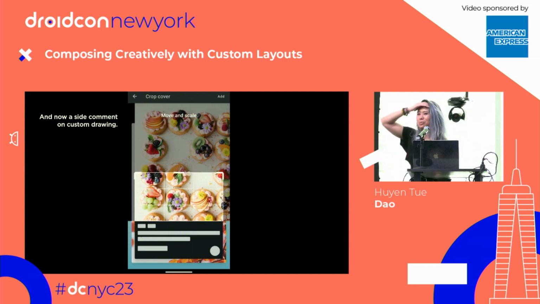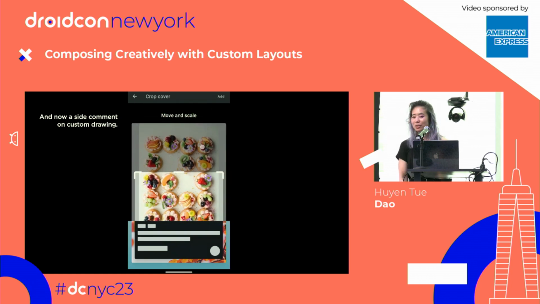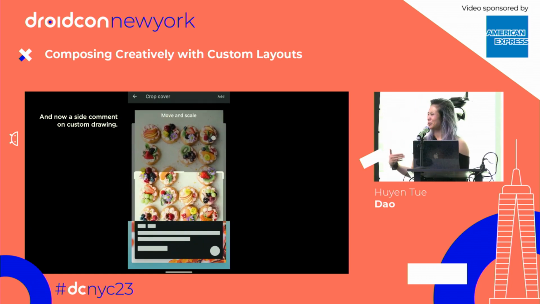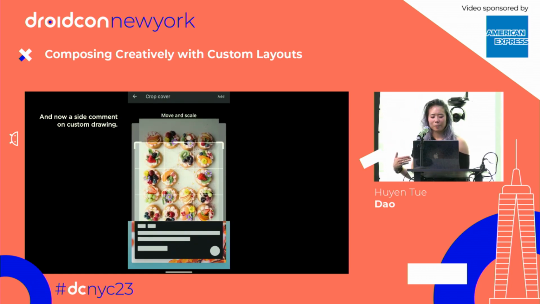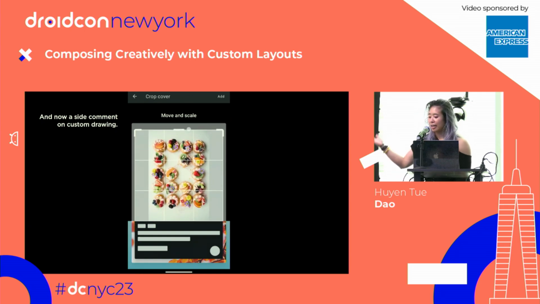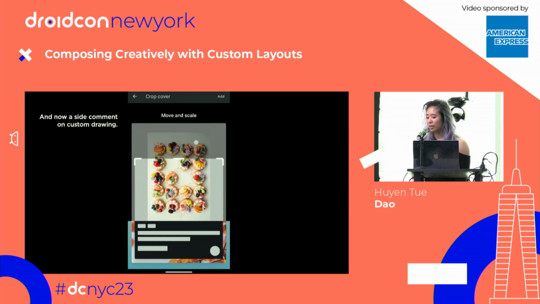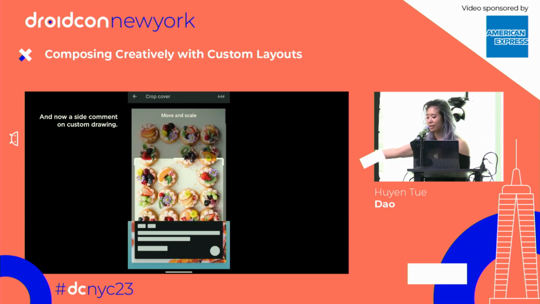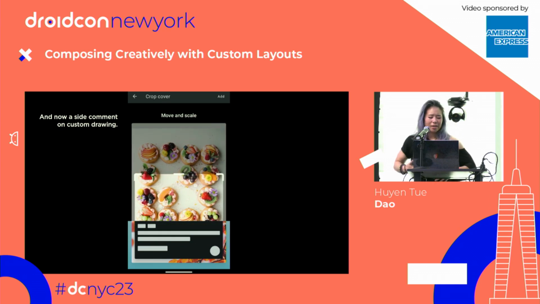When was this, 2002? So this was a little while ago, not 2002, early 2002. And this is all done with custom layouts and custom drawing. And yeah, it took me 2-3 weeks. And imagine how I would do that with just columns and boxes and stuff.